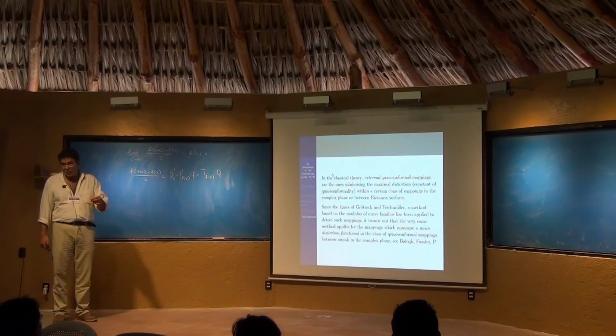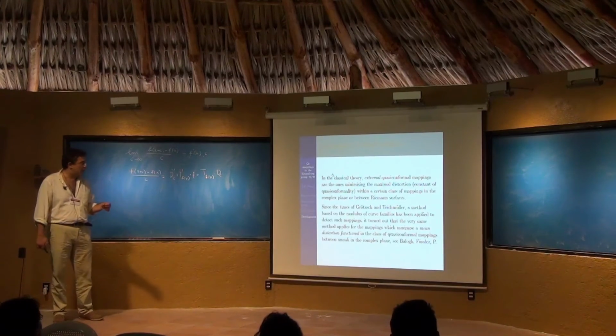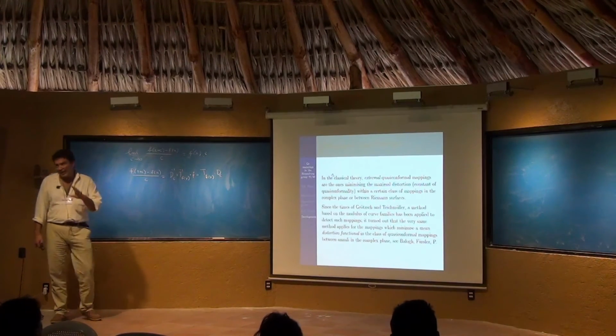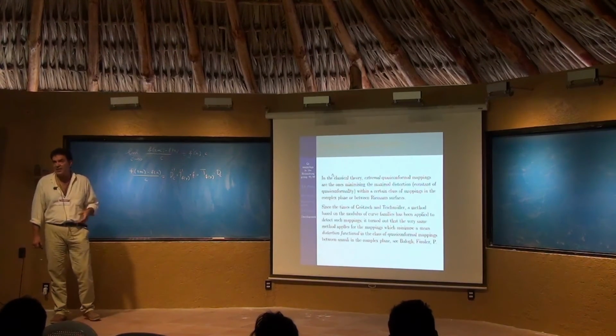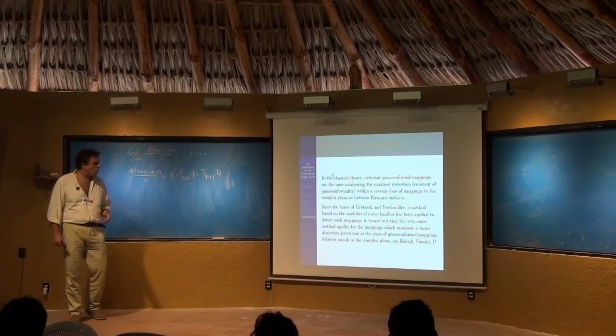The first method to study this problem was what is called the Modulus Method. Okay? It is a simple method, very elementary, but it was the first, and there is a book about the Modulus Method in the classical case written by Vasiliev. Anybody who is interested can look at this book. It's a very nice book.